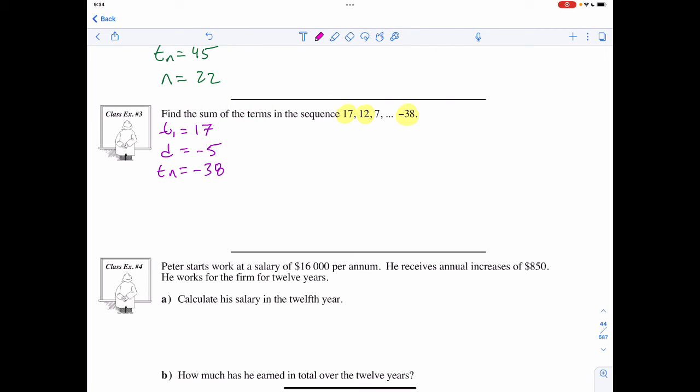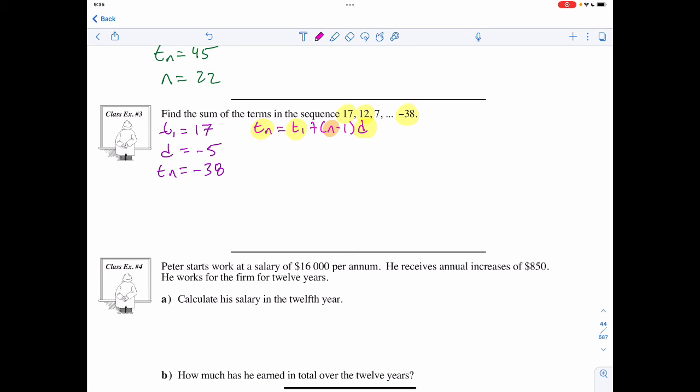I'm going to take the Tn is equal to T1 plus n minus 1 times d, because I have my Tn, I have my T1, I have my d, and I can use this to solve for my n, which I always need.